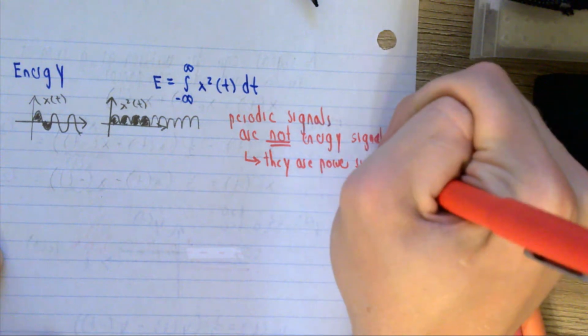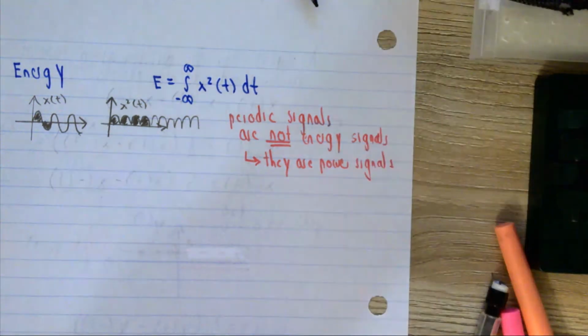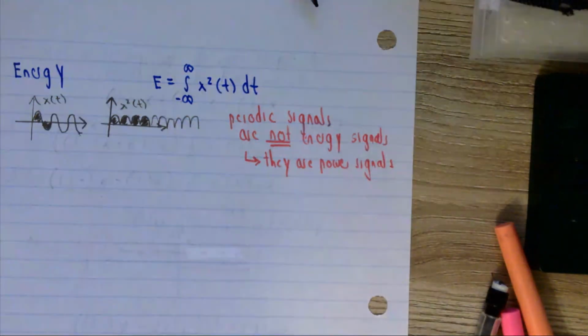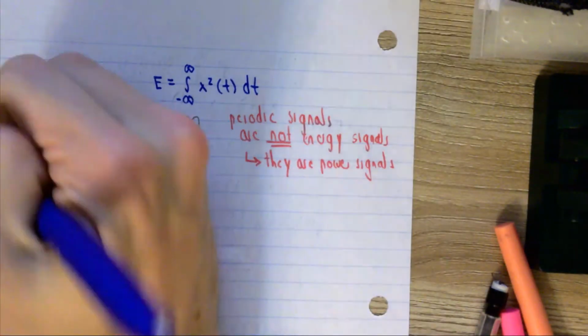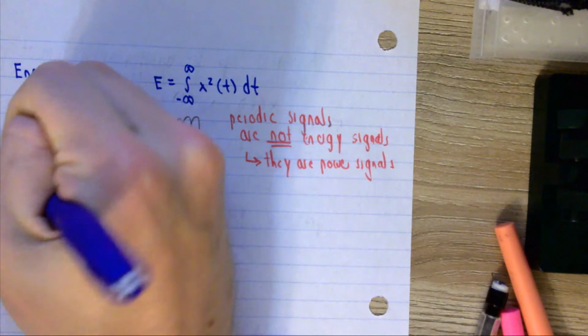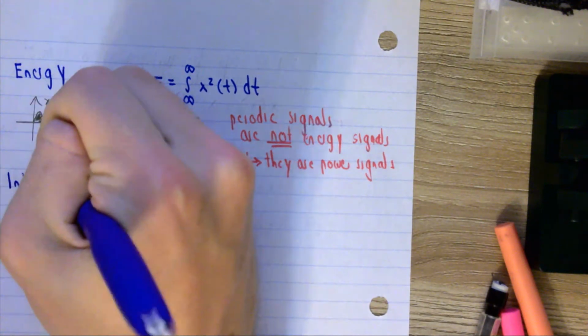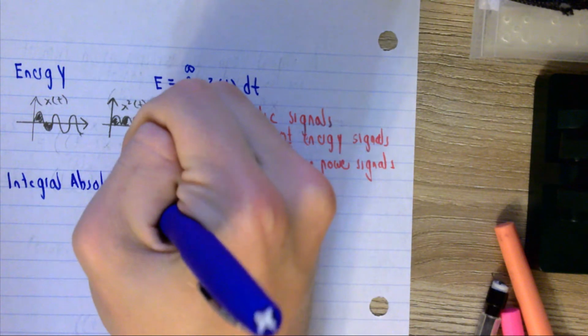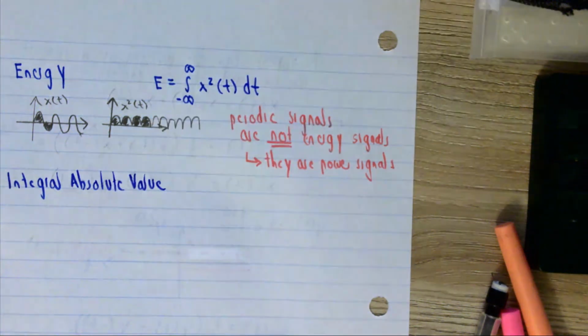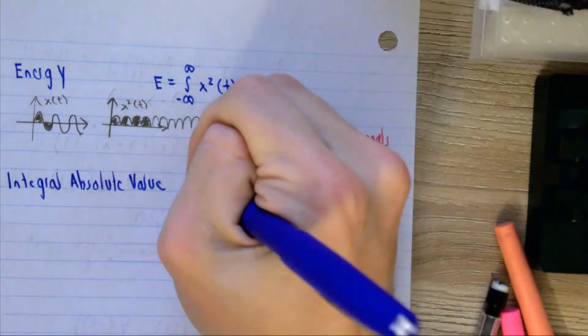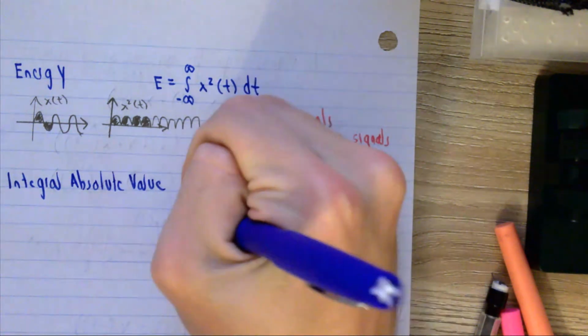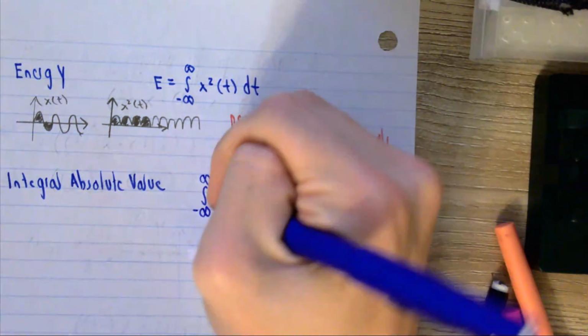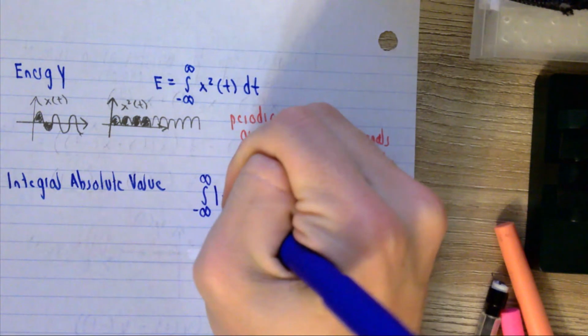Okay, now that we talked about that, let's talk about integral absolute value. This is basically the integral from negative infinity to infinity of the absolute value of x of t dt.